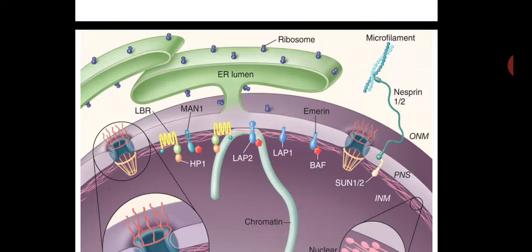But what about large macromolecules weighing about 1 lakh or 2 lakh Dalton molecular weight? In such cases, there are some specific proteins that can facilitate the import and export of these macromolecules.